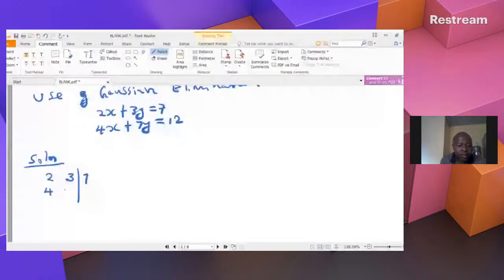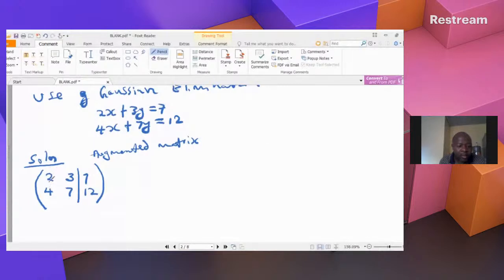So this is what we call the augmented matrix. So we've extracted the augmented matrix. Now, what follows is to reduce this augmented matrix to echelon form, and we use the same steps that we used in our earlier video in reducing the matrix to echelon form.